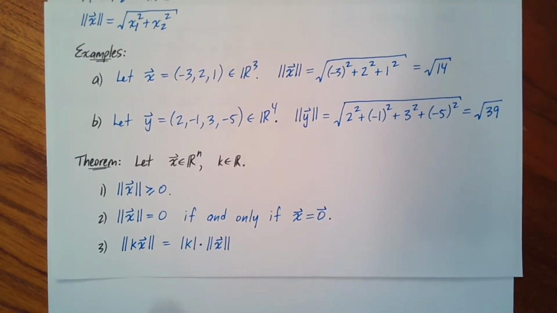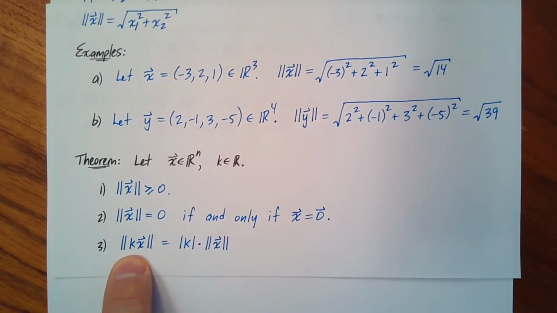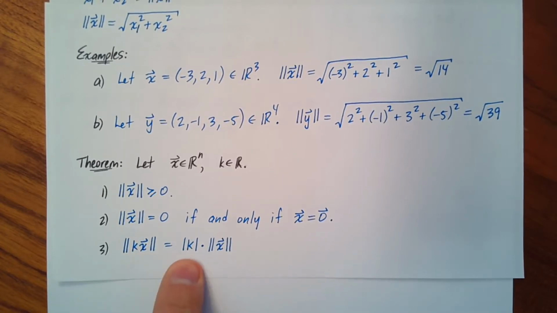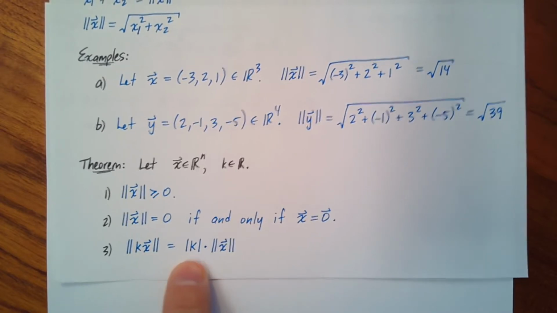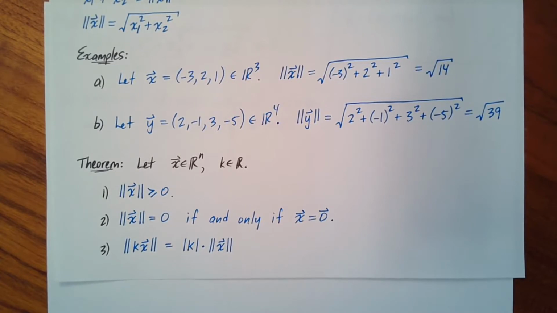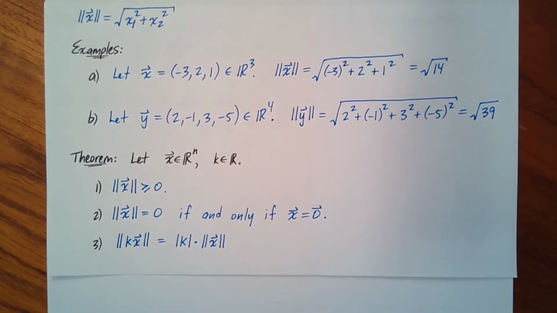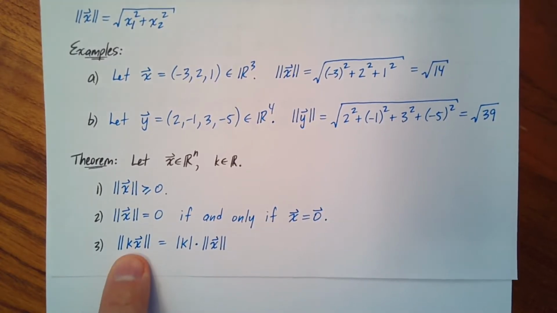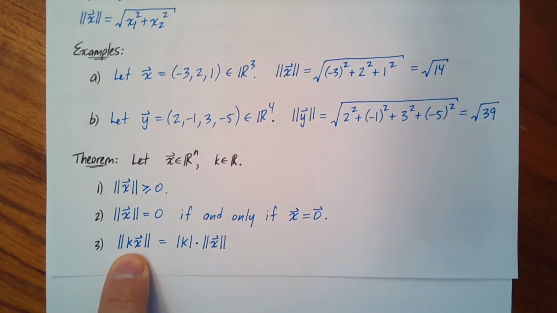And the third statement now, we claimed that the norm of k times the vector x is just equal to the absolute value of k times the norm of x. Now, the way you prove that one is just by direct computation. Directly calculate this using the definition of norm. And that's what we're going to do.